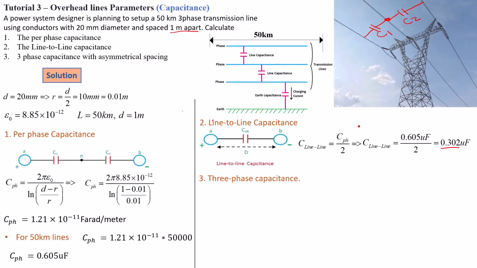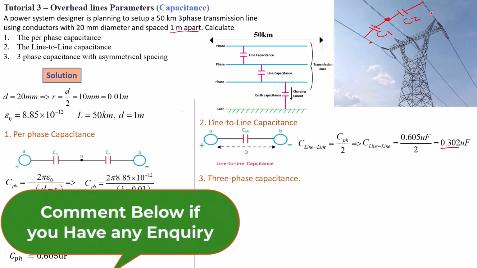But now the trick is that because this is a three-phase arrangement, we need to take care of the distance between all three conductors, considering also the distance between this conductor and this conductor.